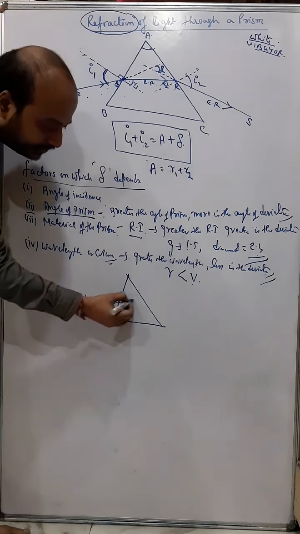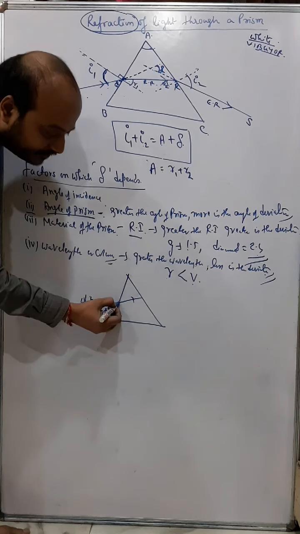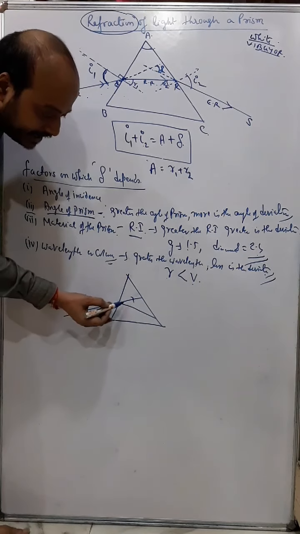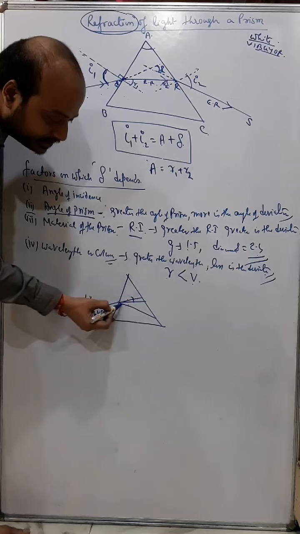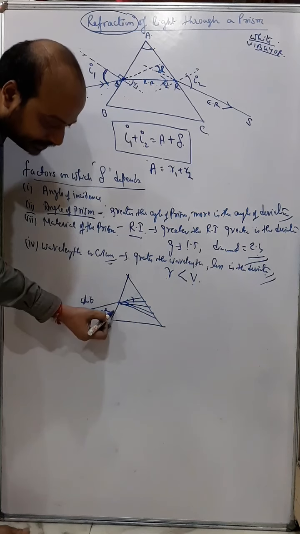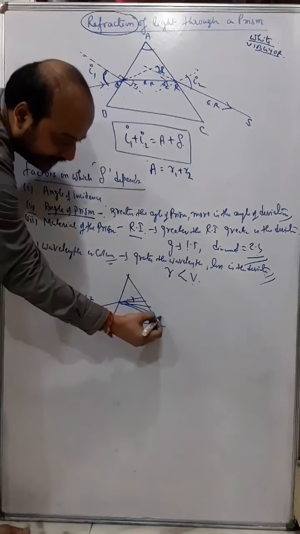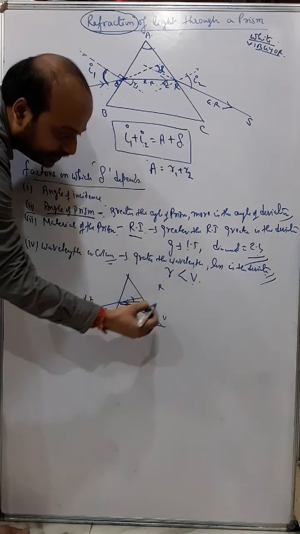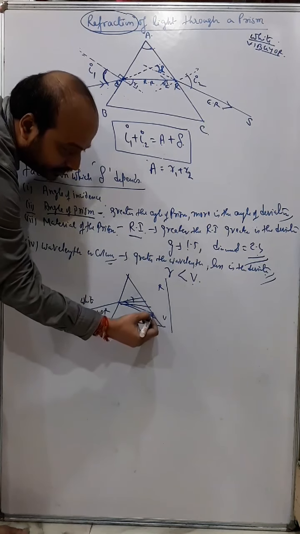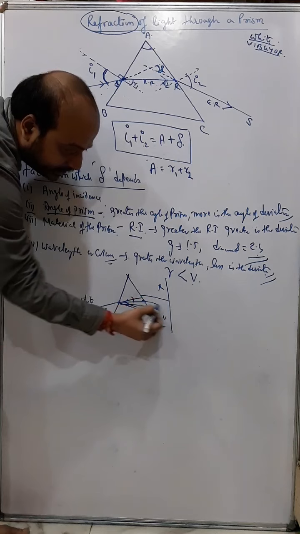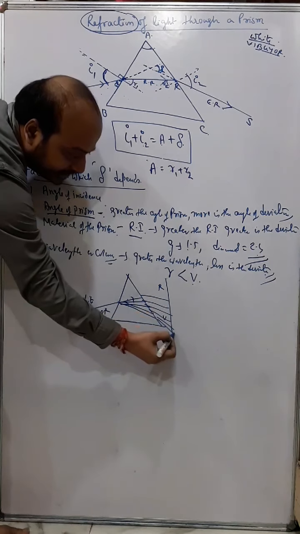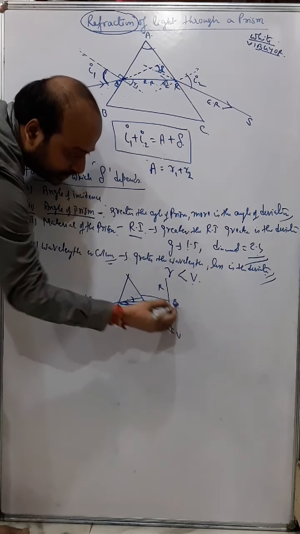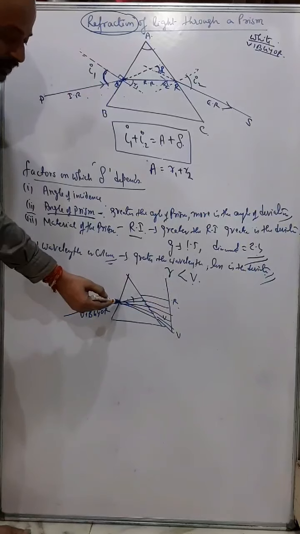Red will deviate least and violet will deviate most, and hence they split into 7 colors. All the other colors also deviate accordingly, with violet at maximum deviation and red at minimum deviation. So on the screen we get a spectrum like this, with violet at the bottom and red at the top. This process is called dispersion.